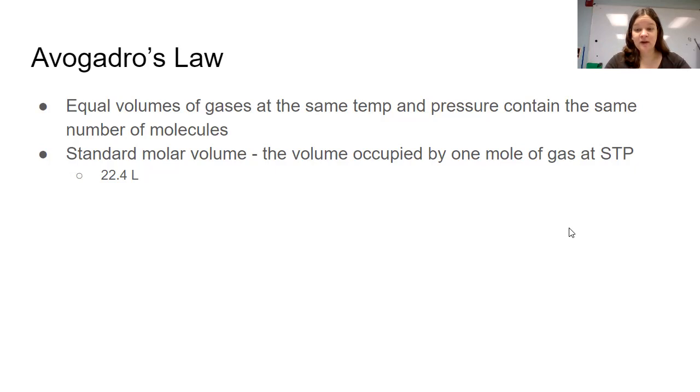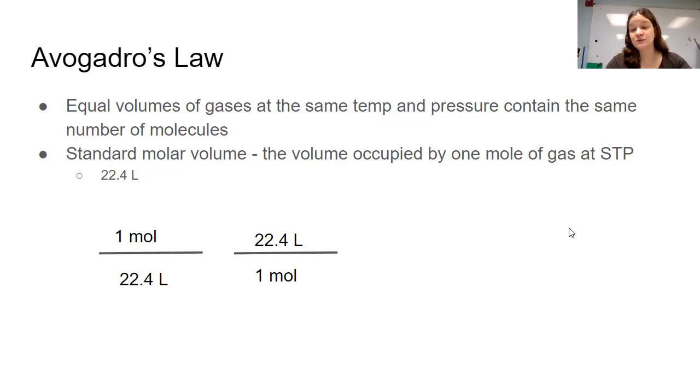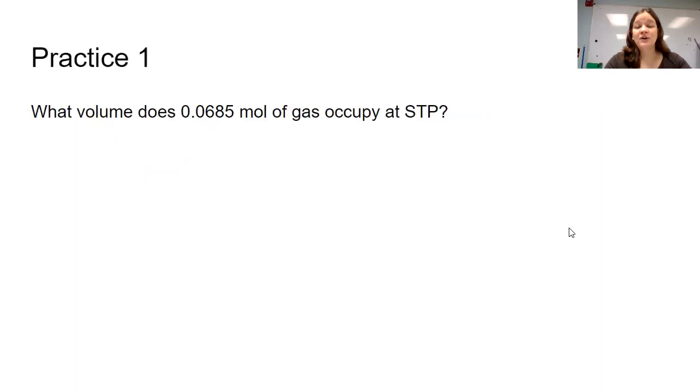So that's Avogadro's law, and we can use that as a conversion factor. 1 mole of any gas is 22.4 liters, or 22.4 liters is 1 mole of gas. We can use it either direction, and we are going to practice that. I'll give you a second to write those 2 down.